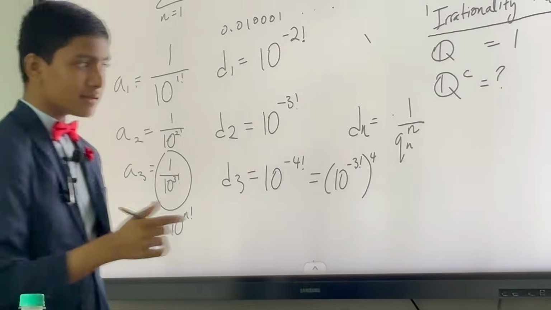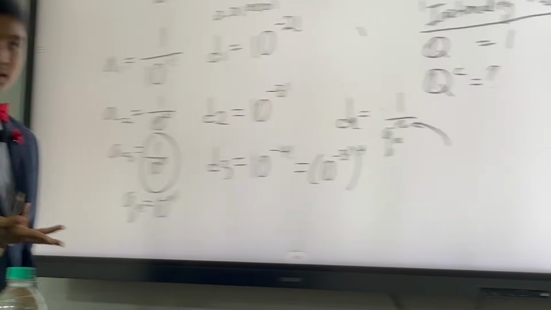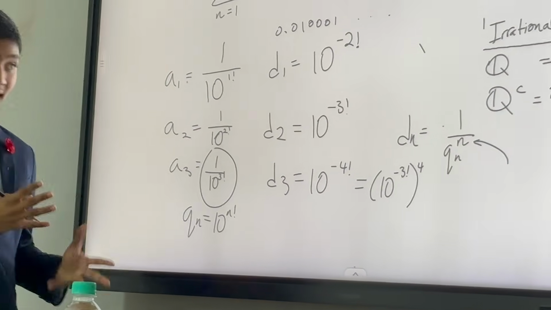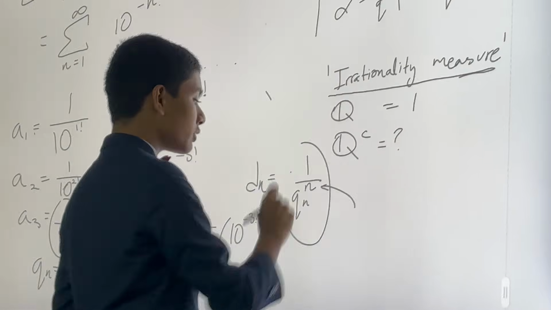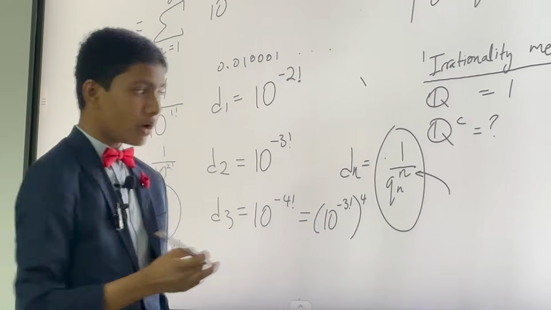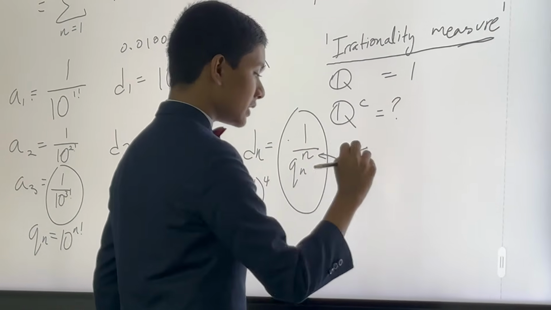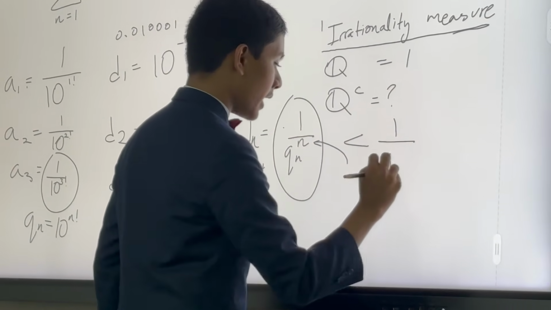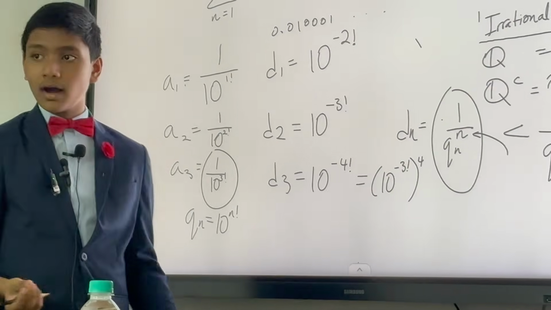So what we're getting is an exponent that changes with the level of accuracy. The exponent is going to grow. And of course, as the exponent grows, this function is going to shrink. 1 over Qn to the n is going to be less than 1 over Qn to any non-changing number at some point in time.